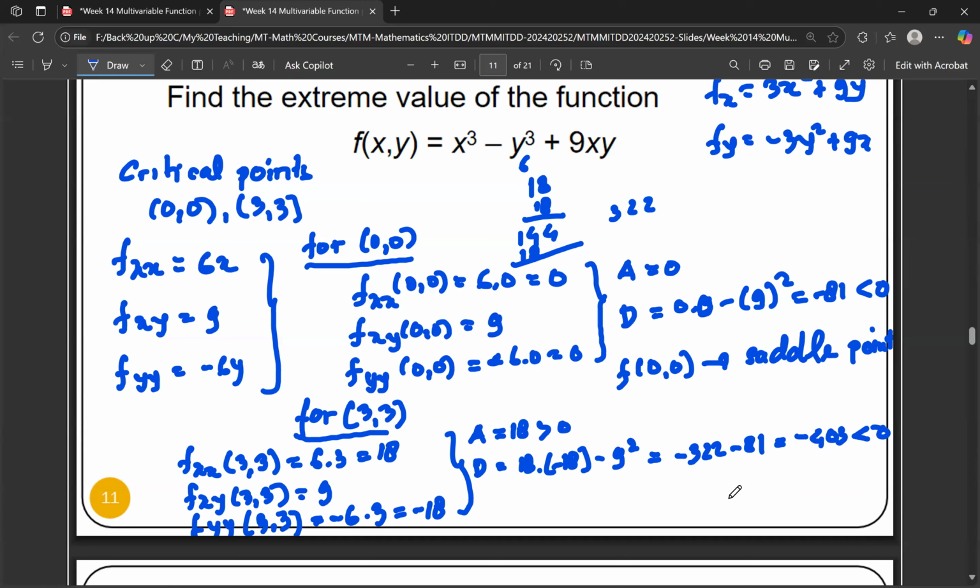And because it is negative, we say also saddle point. So we have that (3, 3) is also a saddle point.